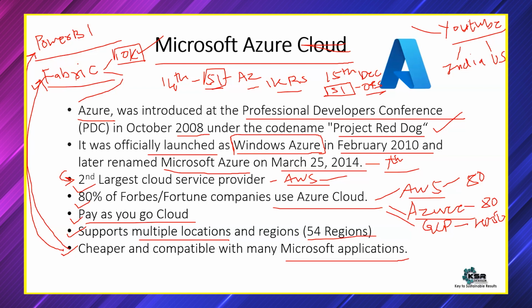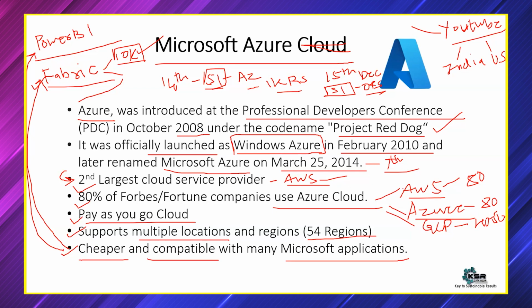Azure can be combined with Microsoft Fabric easily. Most of the applications which we are going to see in our course are related to Microsoft, and every application which is present in Azure is easily combined with Power BI or Fabric. Easily compatible, and it is cheaper.